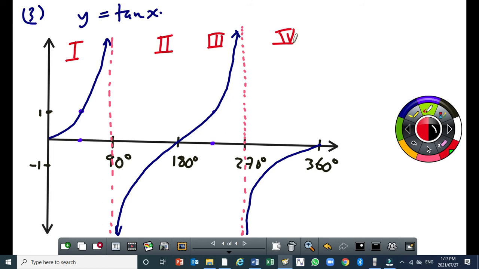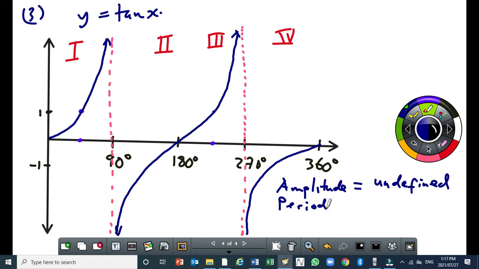Then let's write down some very important properties. Amplitude is undefined. We can say no amplitude. The period is 180 degrees. Domain. In this case, this one here is very unique.